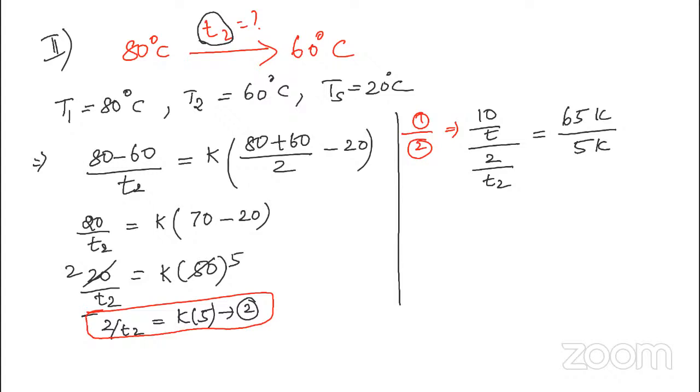So we just simplify this one. K is cancelled. It is 1 time and it is 13 times.